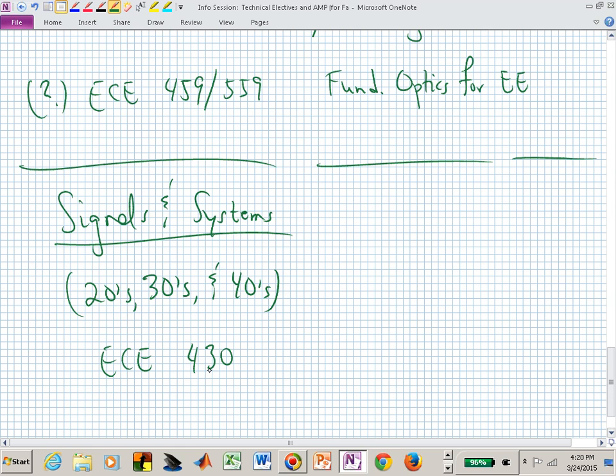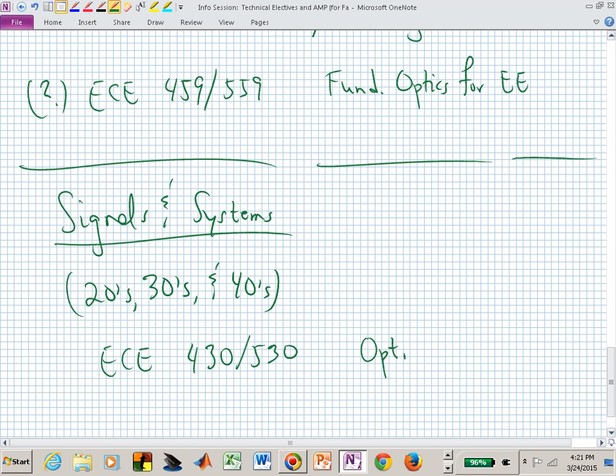There's ECE 430, 530. The 30s are the communications varieties, the 20s are the signal processing, and the 40s are the controls. So this is signals and systems.